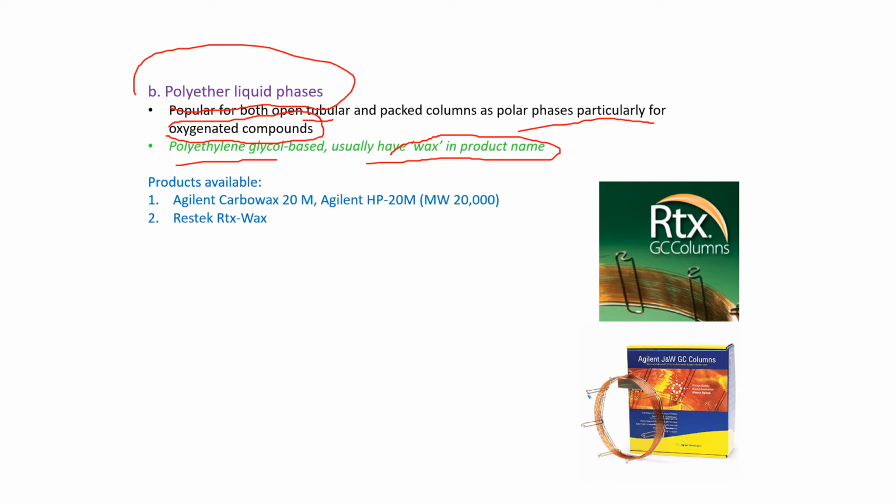It is gooey, and this is coated in the capillary. So we have Agilent Carbowax and Restek wax. So once you see wax in there, you know already this is a polar column containing polyethylene glycol.